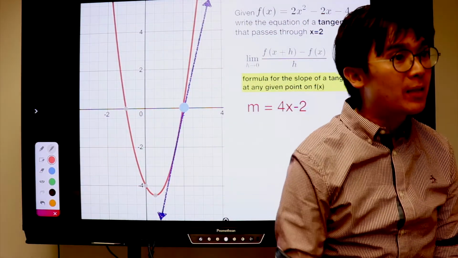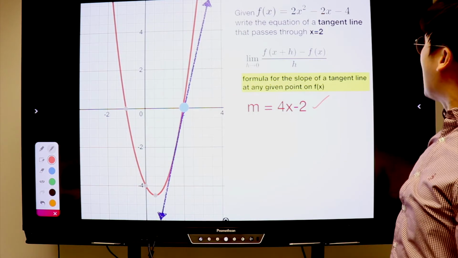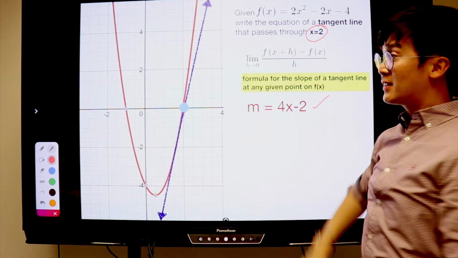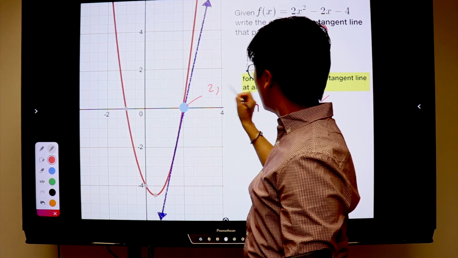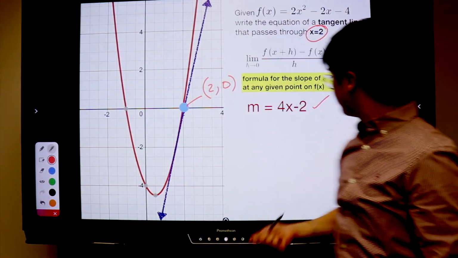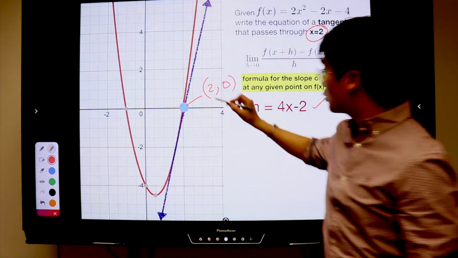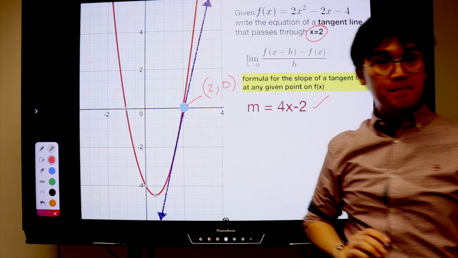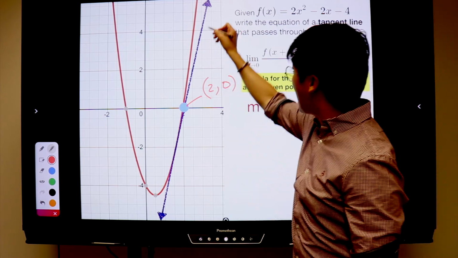And complete the problem. Now that we have the equation of the slope, now that we have the point x equal to 2, what is this point right here? If x is equal to 2, what is y? 0. So we have a point, we have the equation of the slope, but do we have the actual slope of the line? No, not yet. So how are we going to find the actual slope of a line?